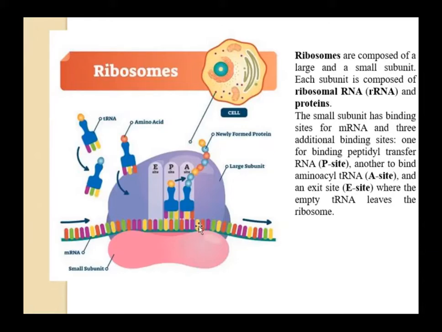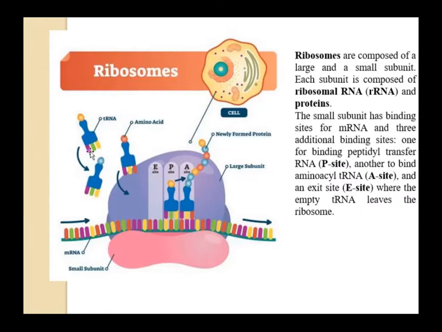So let's talk something about the ribosomes. The ribosomes are small structures, non-membranous organelles, composed of the large subunit and small subunit. Each subunit includes ribosomal RNA and proteins. The small subunit has binding sites for messenger RNA, then has the P site for binding of peptidyl transfer RNA.